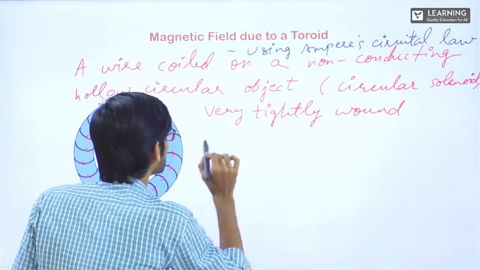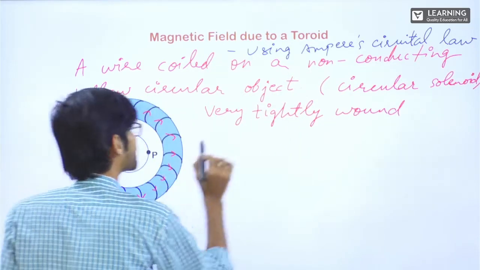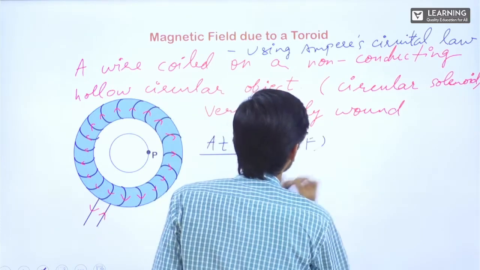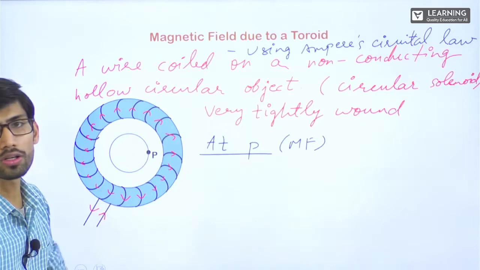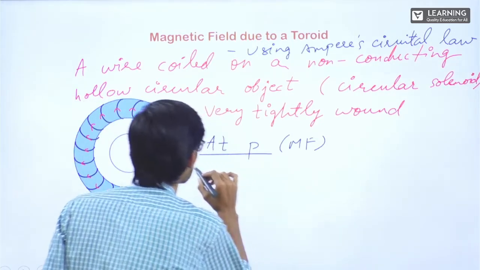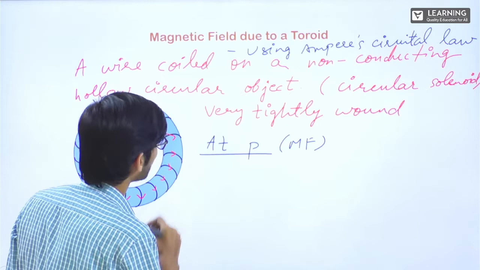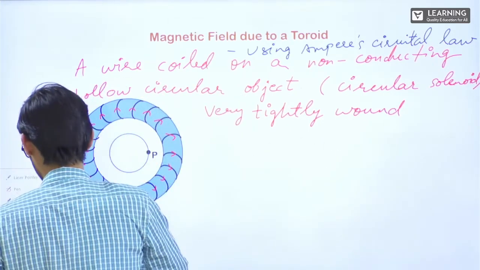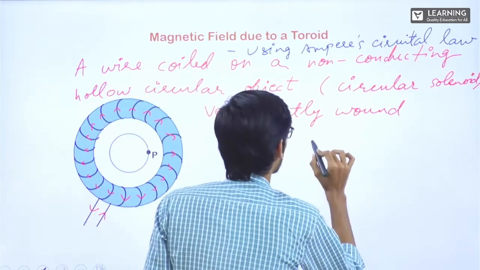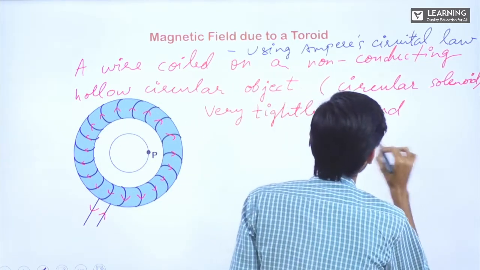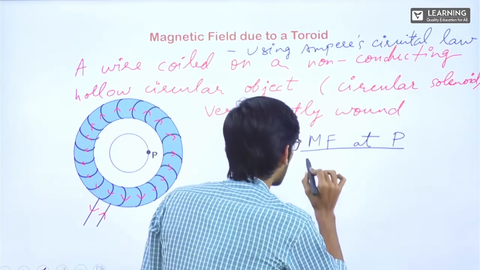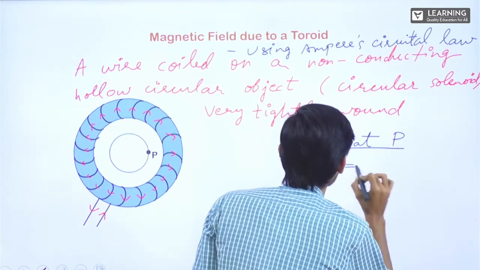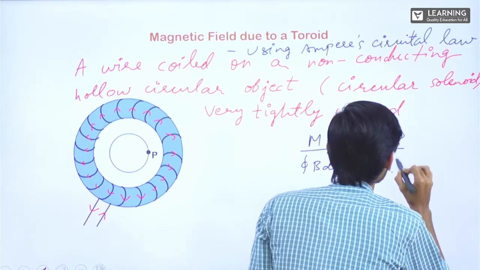Now see, at P, magnetic field, what does Ampere Circuit Law say? Okay, one second, I'll write a bit that side. Magnetic field at P. Ampere Circuit Law says integral B dL is equal to mu naught into I inside.